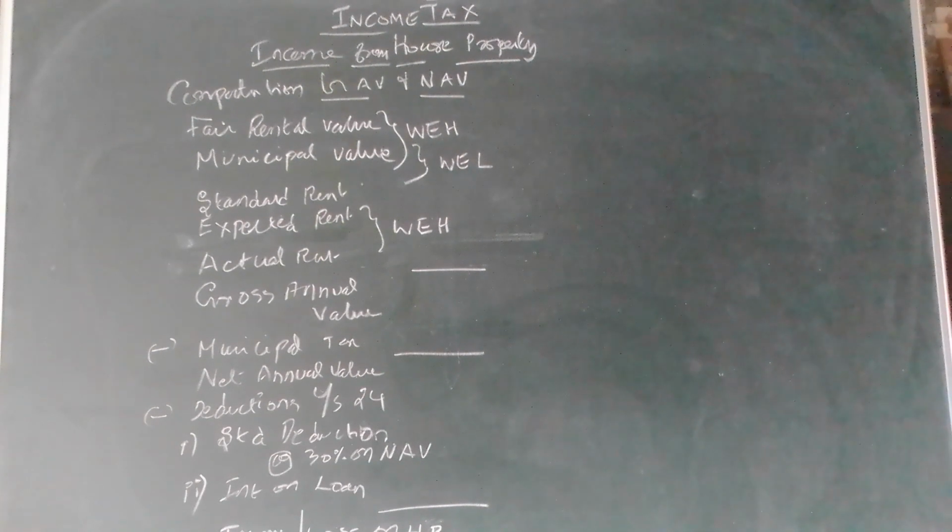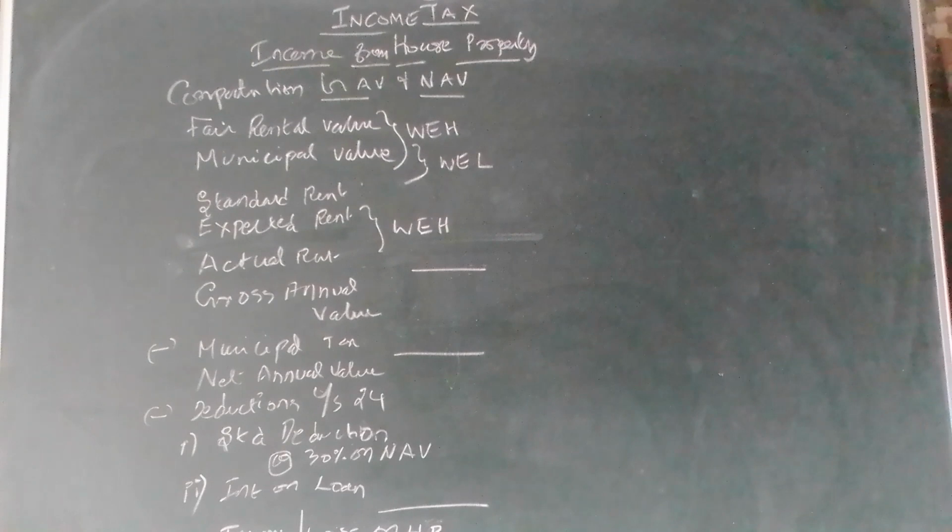Why? Because the value of the property is based on various things. It is related to municipal value, standard rent, fair rental value and actual rent received. So, how to calculate house property income is the important item we should know.